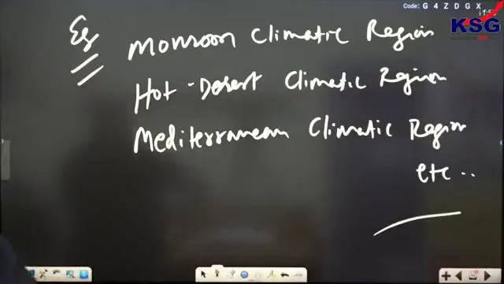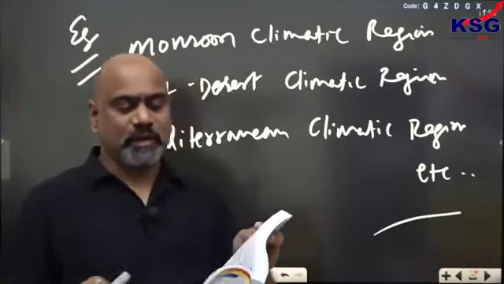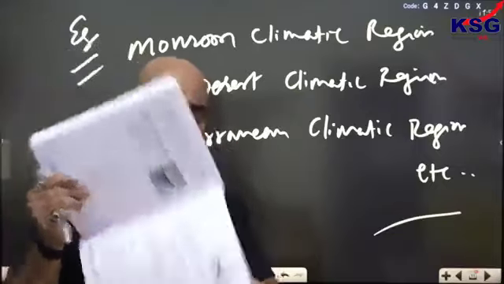My friends, I hope you remember, and I did say something earlier also, that you need to see certain things about the climatic regions of the world. Have you seen your booklet? This is that booklet which you got, chapter number 29, climatic regions. ये पढ़ा है क्या आपने?